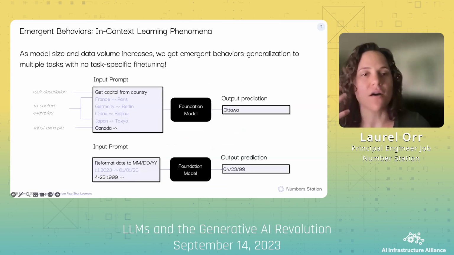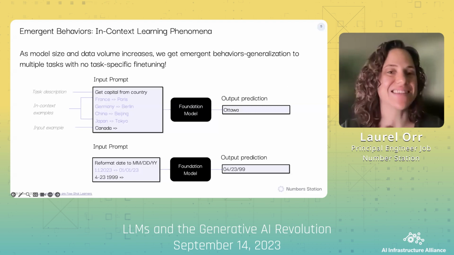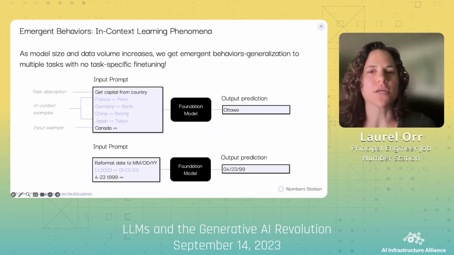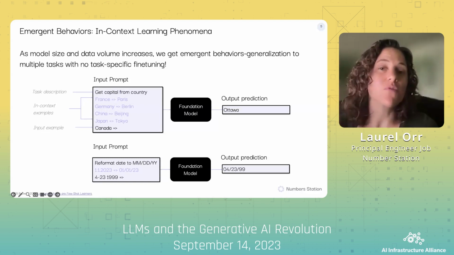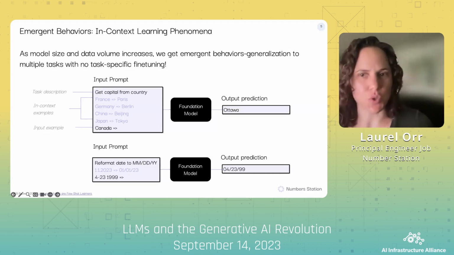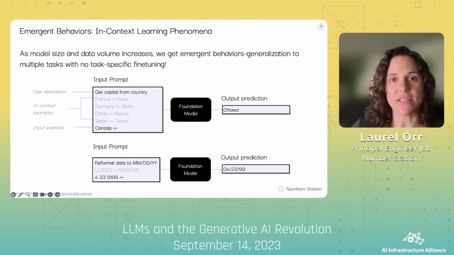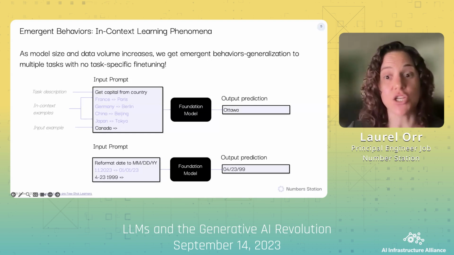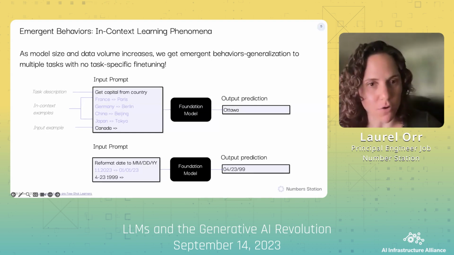Stunningly, as the size and the data volume increased, you started to get what we called emergent behaviors, also called in-context learning. What this meant is that we saw models generalize to a wide variety of tasks with no specific fine-tuning or weight updates to the model.